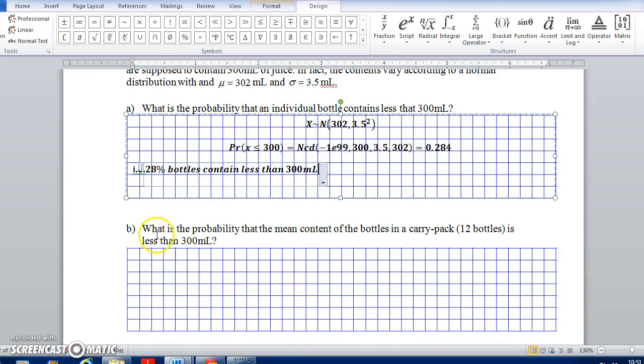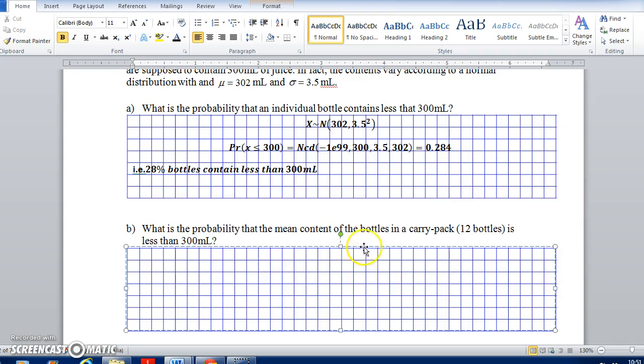Then it says, what is the probability that the mean contents of the bottles in a carry pack of 12 bottles is less than 300 milliliters? This is where we move to the sample distribution, or our distribution of sample means, because we want to know the mean content of a sample of 12 bottles.